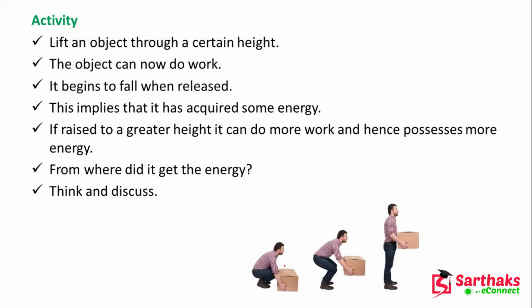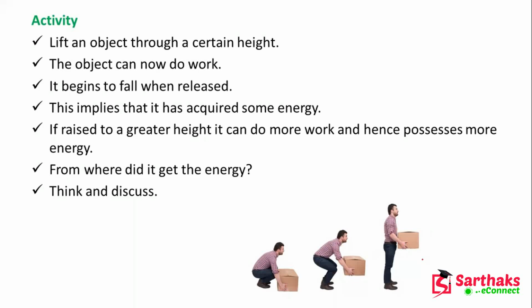Fine. Now lift an object. Next activity, lift an object through a certain height. This is the ground position, this is a little bit higher position, and this one is another higher position. Here you can see that the object can now do work. It begins to fall when released. You just remove your hand, then it will fall.